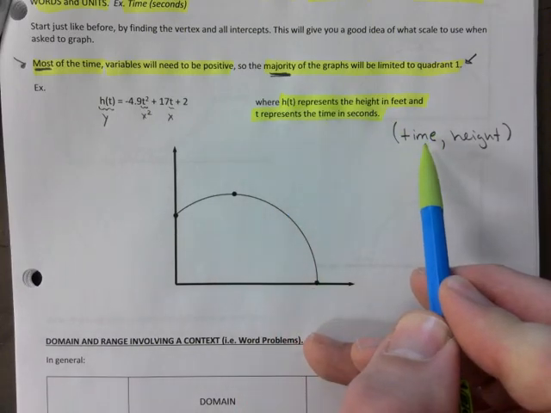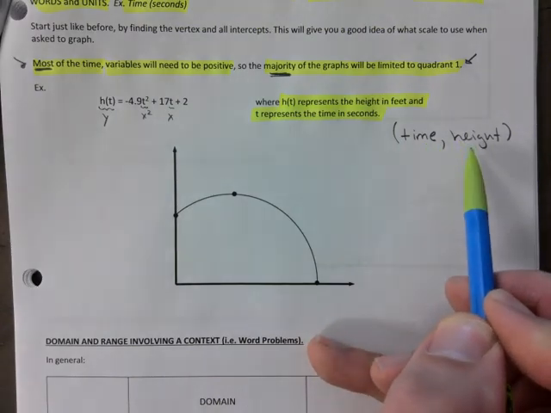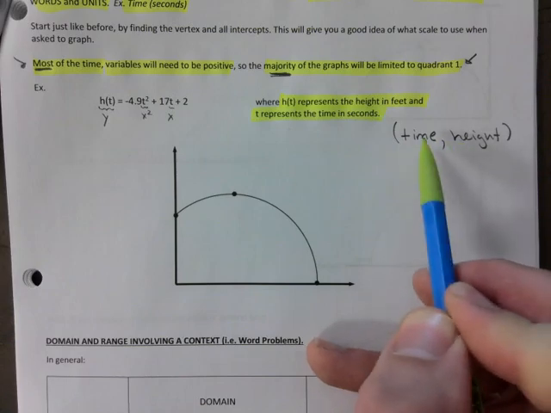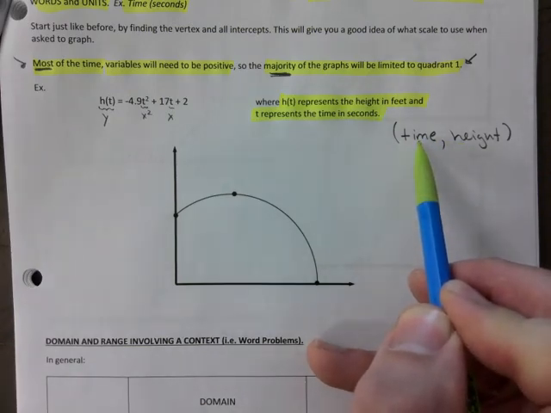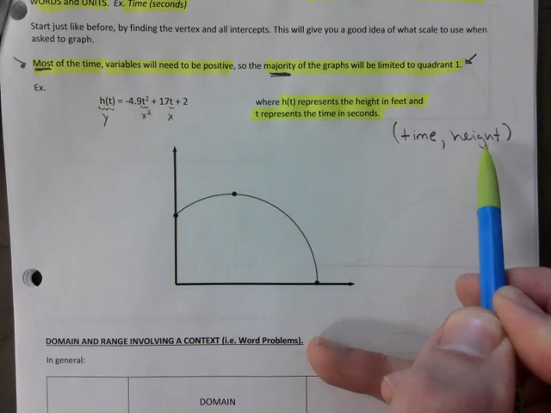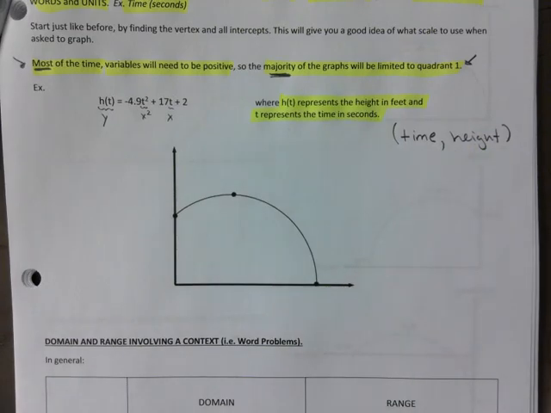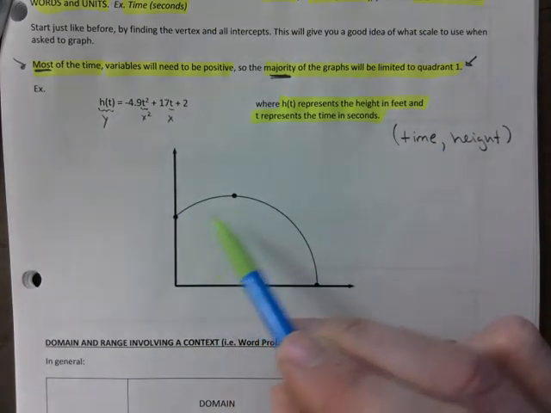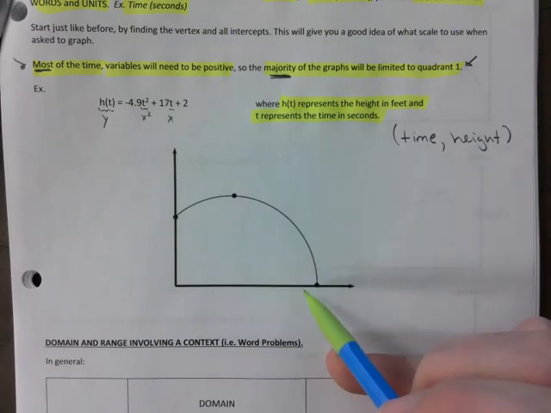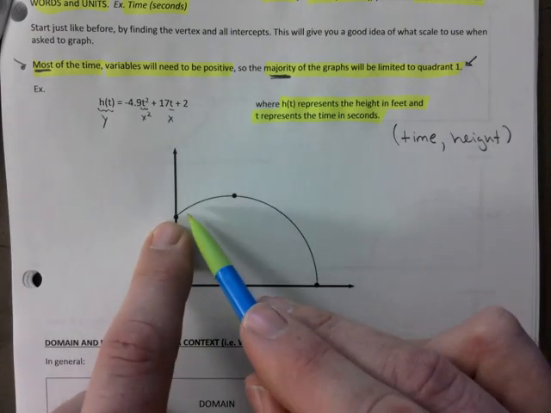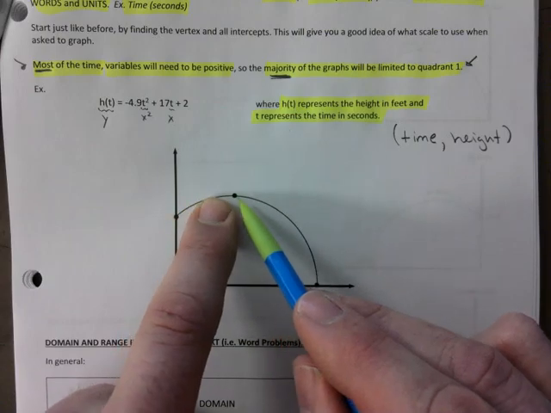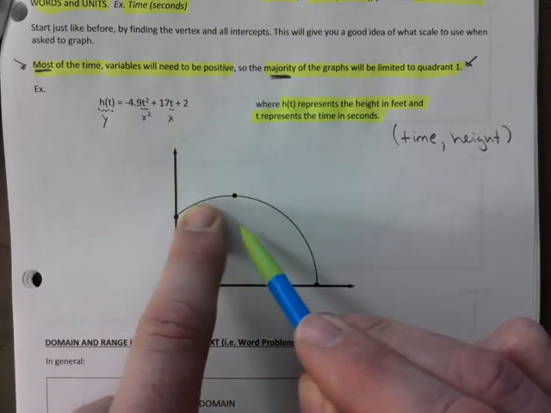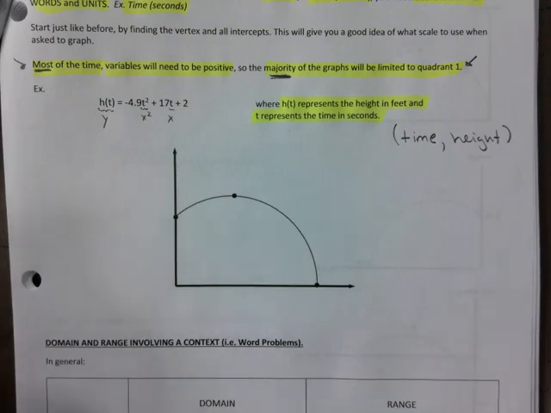That's where time goes on the x, and height goes on my y. So every single point is going to tell us that at a certain time you are at a certain height. So let's say you throw a ball, and it kind of looks like this. If you're in physics, you're going to have seen some of this already, projectile motion, right? We can tell exactly how high the ball will be at a specific time. The calculator will allow us to use that.